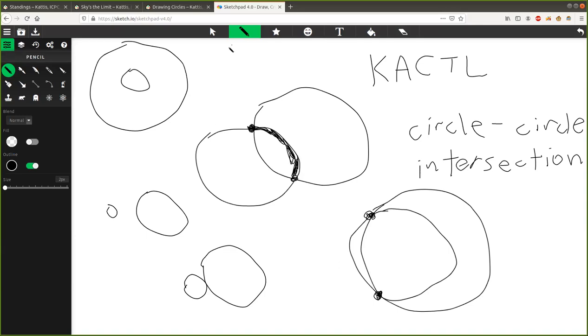Let's say the two intersection points are A and B. The code will give them to you in an order so that, I forget which orientation, but let's say you take A and then you go counterclockwise until point B, and that's the segment you want. So the template code will always give it to you in a consistent orientation to get that segment.